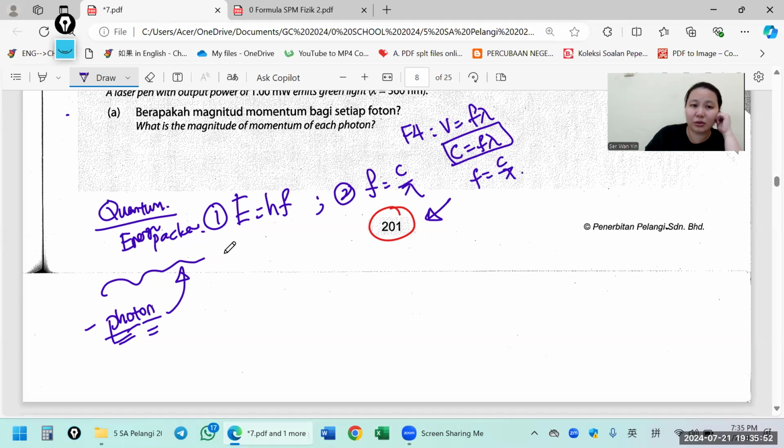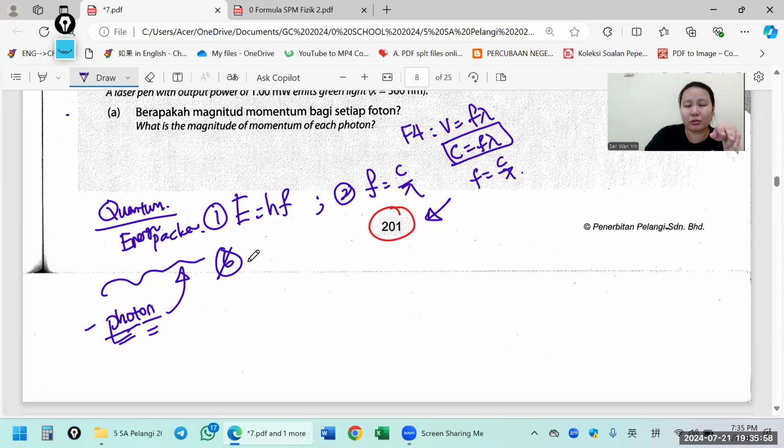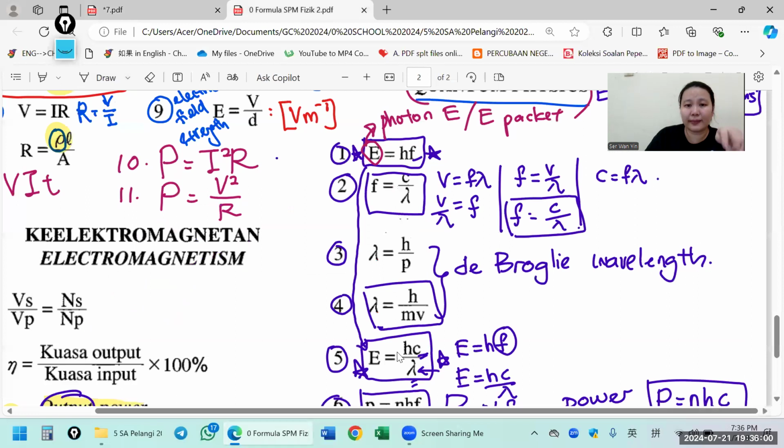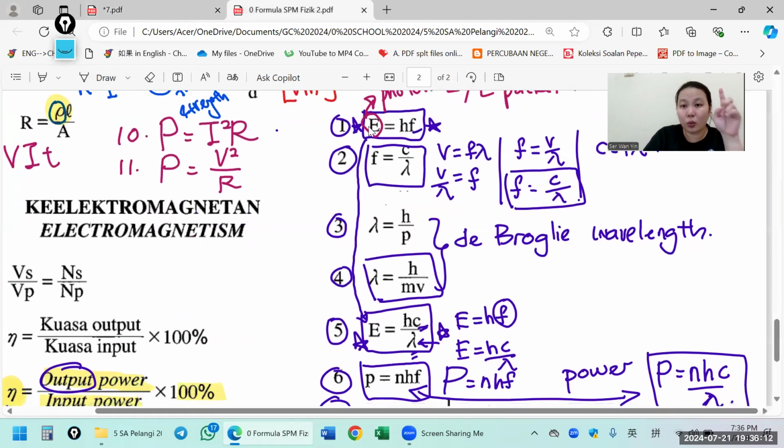So we substitute in, and we will get number 6. Number 5, I don't know why they are so far away. Actually it's number 5, E equals hf, substitute f equals c over lambda, so hc over lambda. Actually, 1 and 5 are the same. They just substitute in number 2, then they will get number 6.